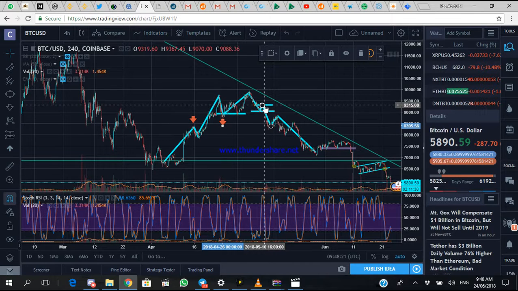Now the B correction does a 30% up retracement from the wave 5 to A. You know what I'm saying? From A actually. So this is the A, and then it does a 30% retracement from the wave 5.